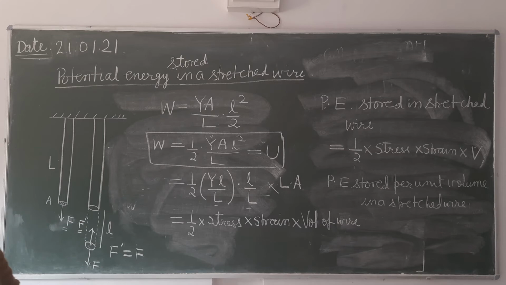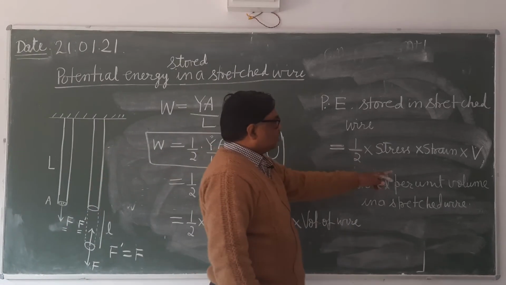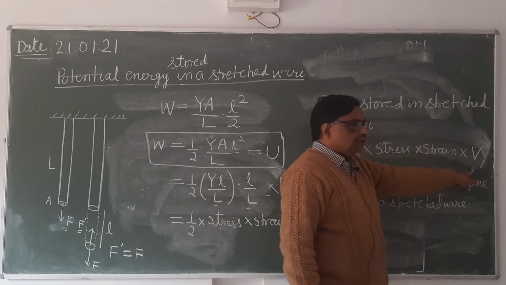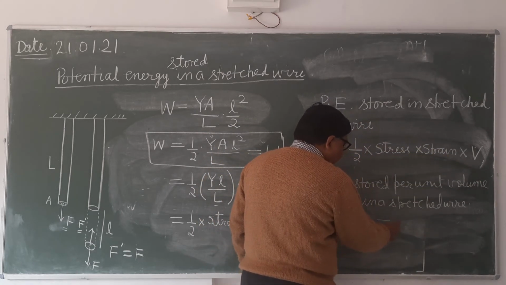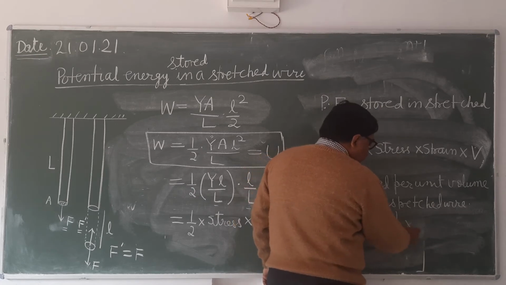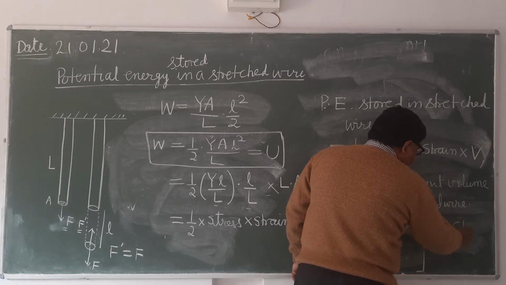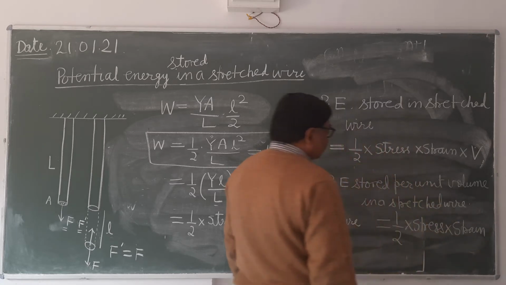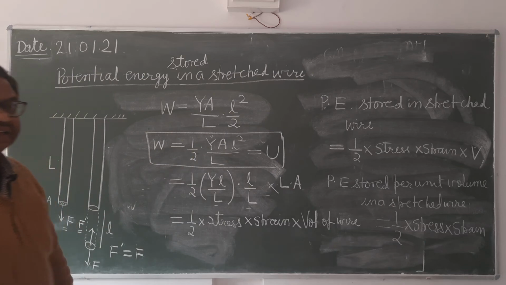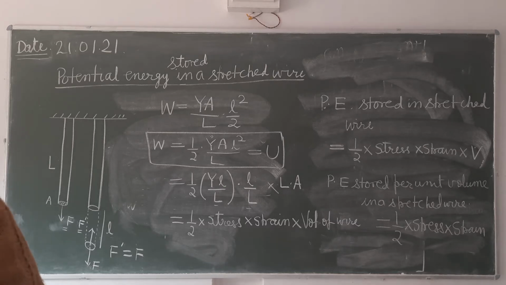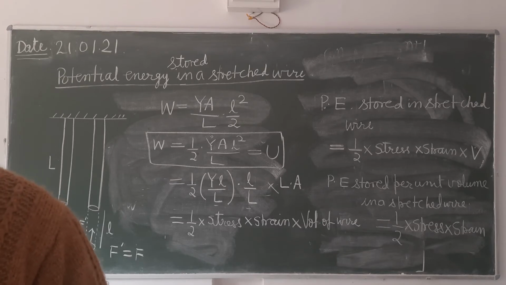It is 1/2 stress into strain. Potential energy per unit volume means potential energy divided by volume. Potential energy divided by volume means 1/2 stress into strain. We will divide the potential energy by the volume. So on the right hand side, volume V and V will be cancelled. Is it clear? So this is the formula of potential energy stored in a stretched wire per unit volume.